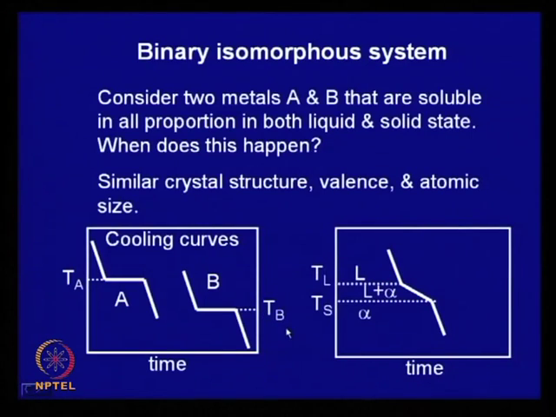Now, what happens if we mix the two metals A and B in the liquid state? In a liquid state it is much easier to mix metals, because apart from diffusion, we talked about diffusion primarily in solid state, and we found that diffusion is a very slow process of mixing in solid state.